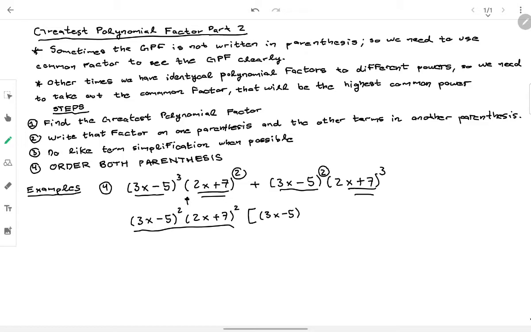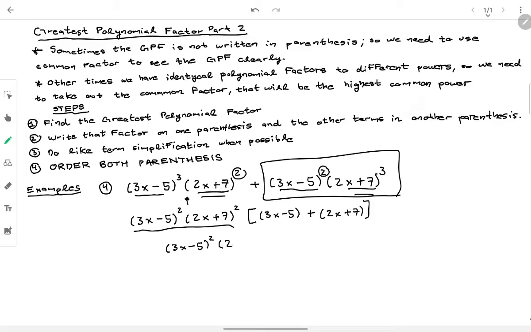For the second part, we have 3x minus 5 squared, but 2x plus 7 we have squared and we need it to the third power, so it's going to be plus 2x plus 7. So in this case, it's going to be 3x minus 5 squared multiplied by 2x plus 7 squared multiplied by 3x minus 5 plus 2x plus 7.